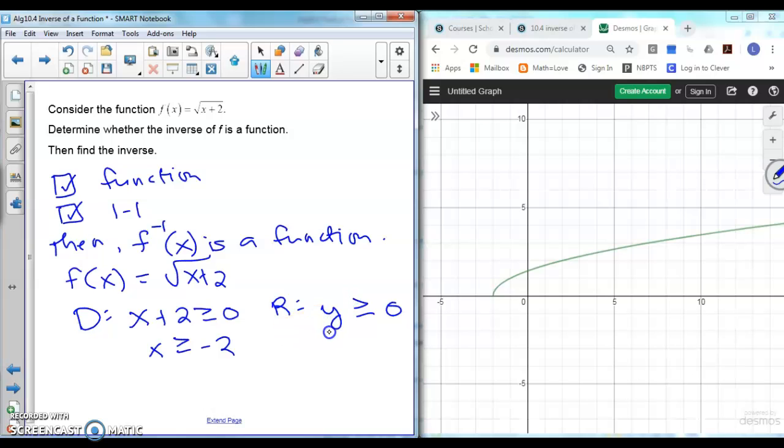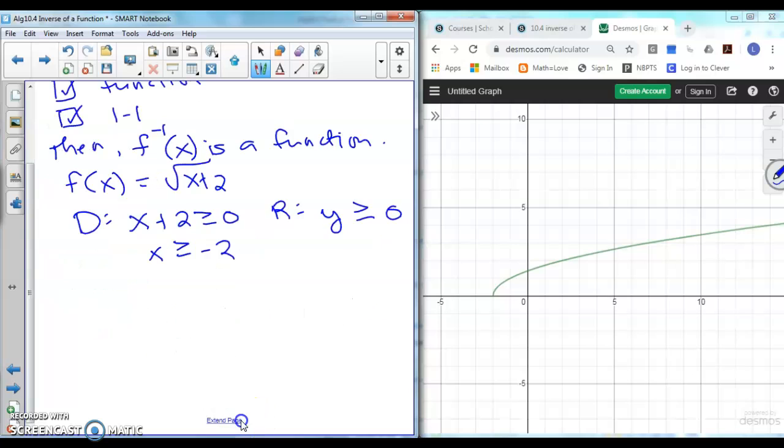Now this is important because later on when you find the inverse of the function, you probably need to restrict the domain as well. Well, why? Well, let's see. Let's do it. Let's have more space.